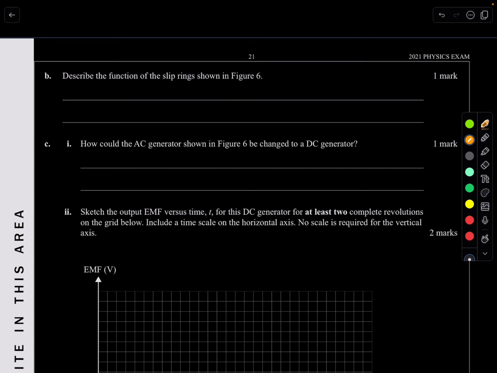So, describe the function of a slip ring. I'm going to look at my summary sheet and find where the definition is. Slip ring. Yep. Let me write it down because it's only one mark.